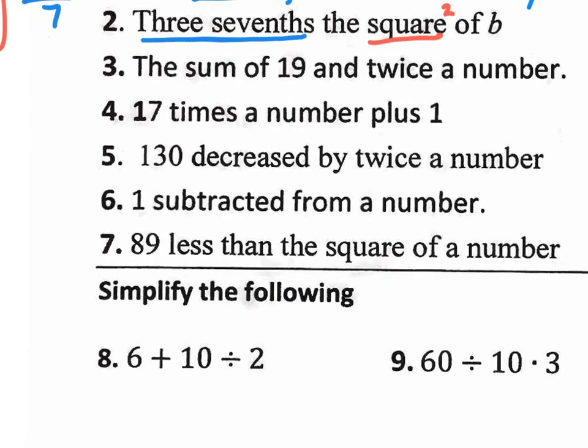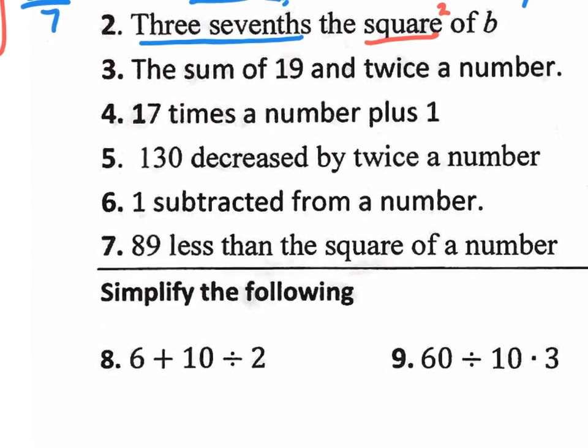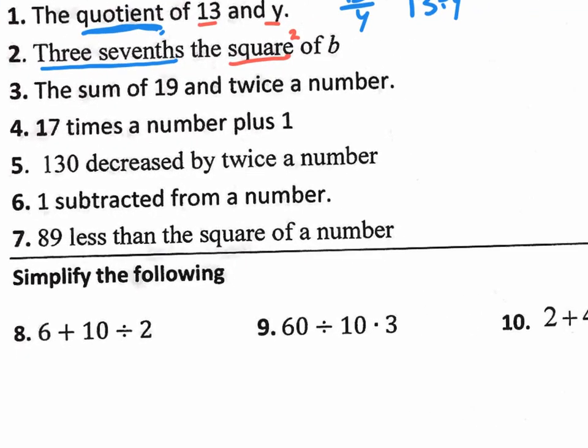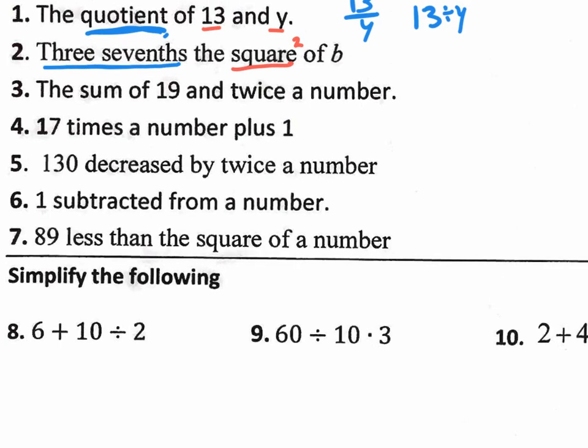Number 3 reads, the sum of 19 and twice a number. Again, the sum means addition, so we're going to be adding two things. And what are the two things that we're adding? We're adding 19 and twice a number.